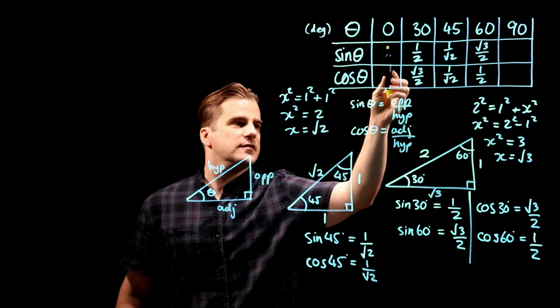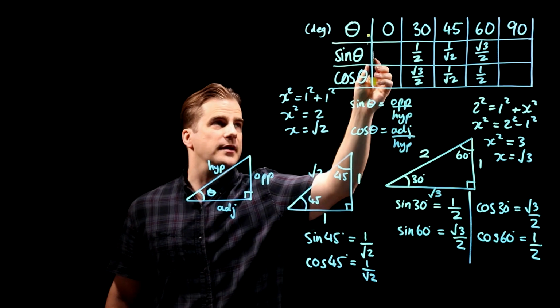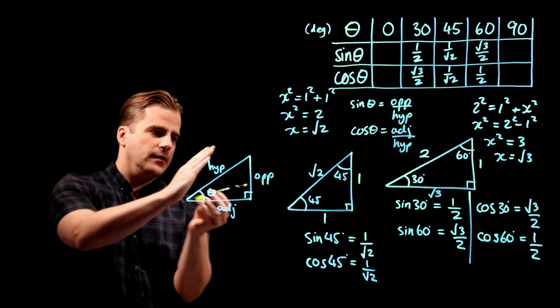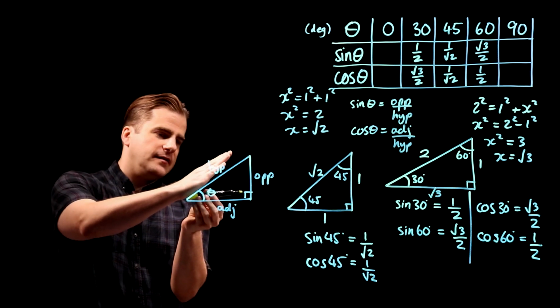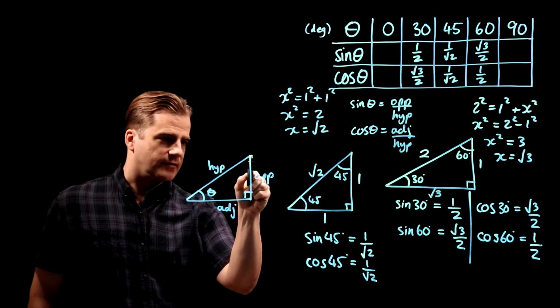Let's think about what, for sine, the opposite divided by the hypotenuse will be when theta is 0. So that angle there, theta, the sine of theta is that divided by that. As that angle gets smaller and smaller, can you see that the opposite gets smaller and smaller?